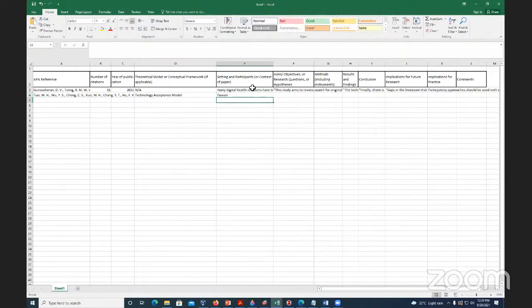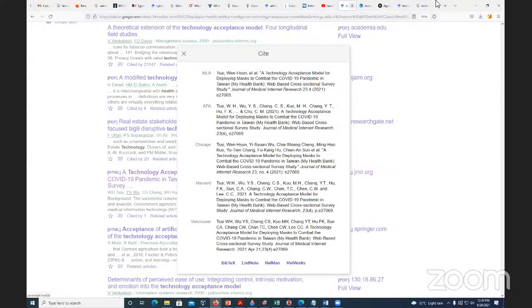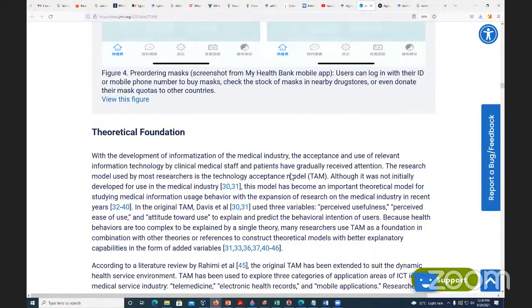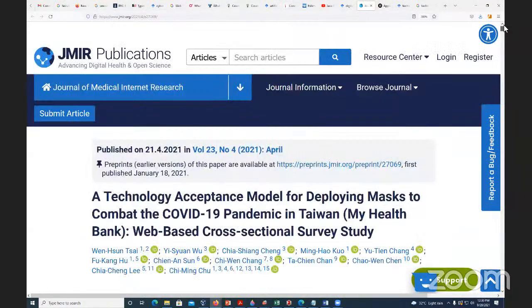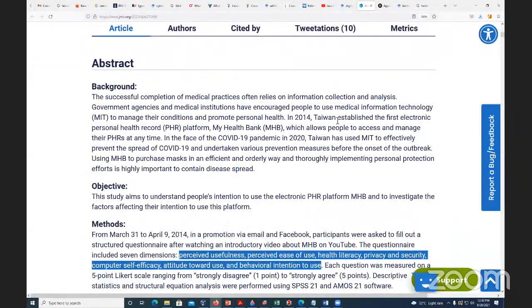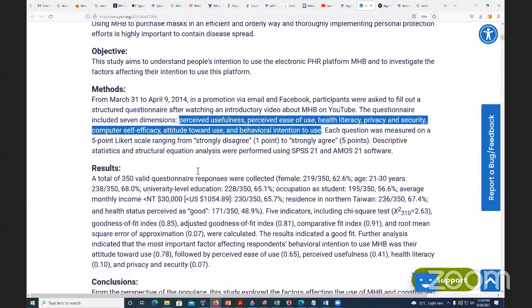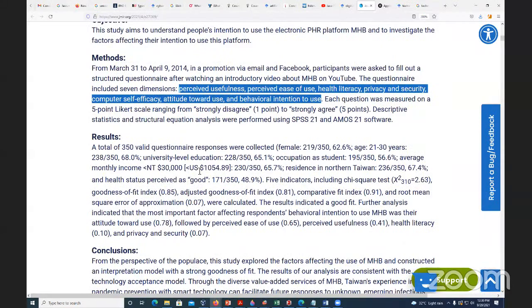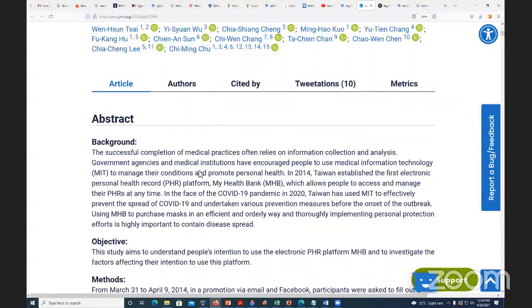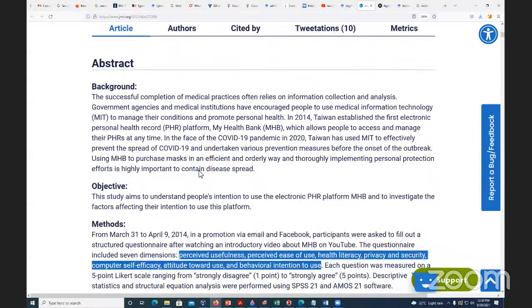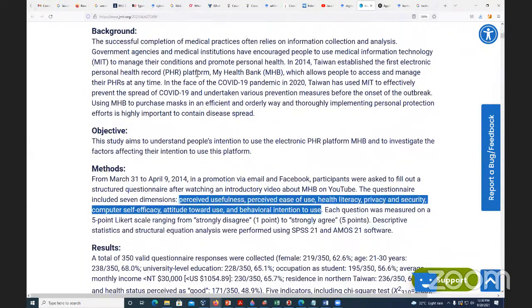I don't know if it was more than that, so let me go back to the paper and look. Yeah, it says Taiwan is good enough. The paper was done in Taiwan. If you really want more background, you could have written that in your own notes.